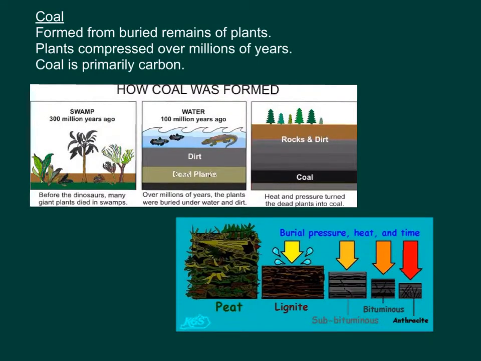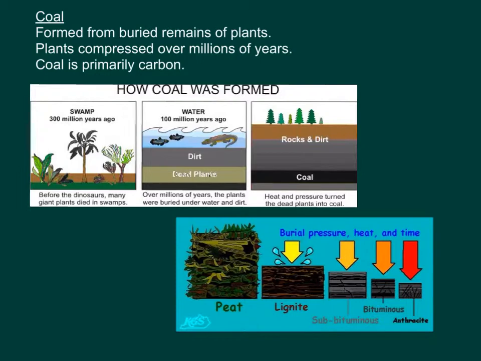Now, coal is formed from the buried remains of plants. Okay, so plants, they die. You have a big swamp like we see here, usually 300 million years ago, and everything dies off, and dirt and water compresses it for millions and millions of years, and eventually we get coal.